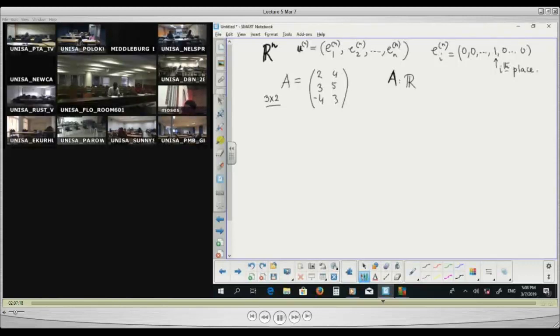Remember, I am saying that A is the matrix of this linear transformation with respect to the standard bases, so from U2 to U3.